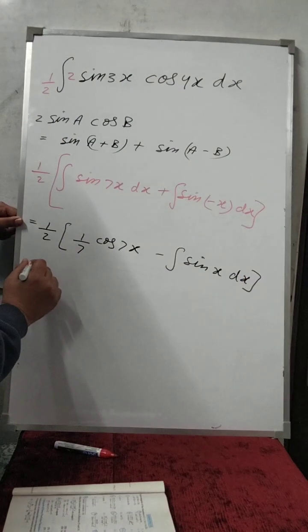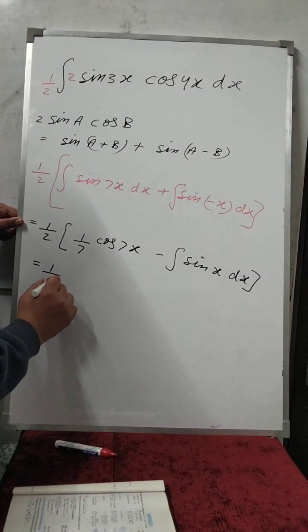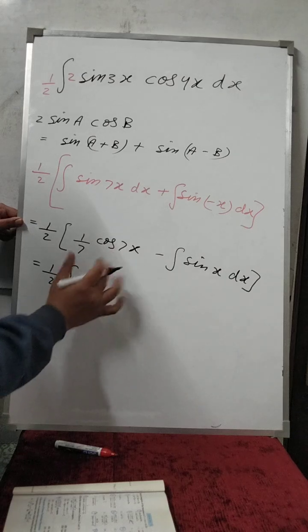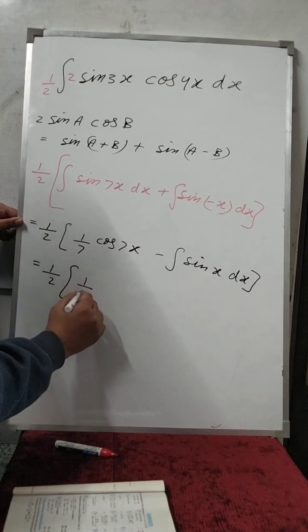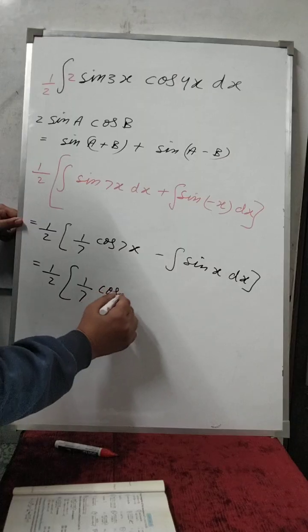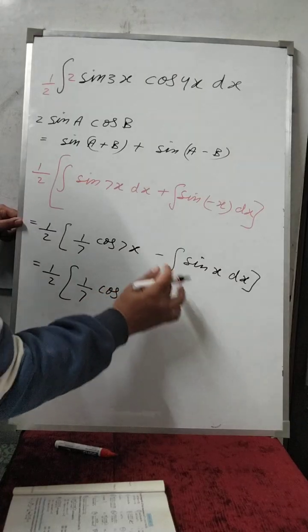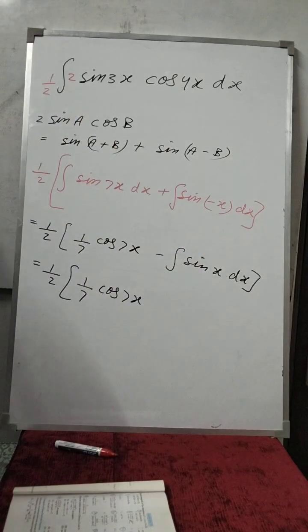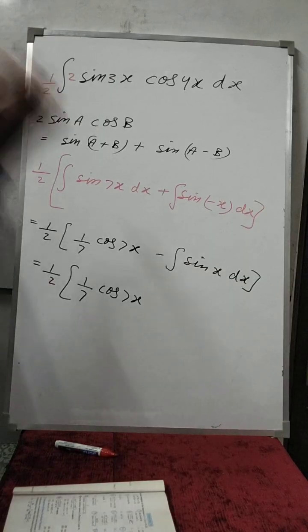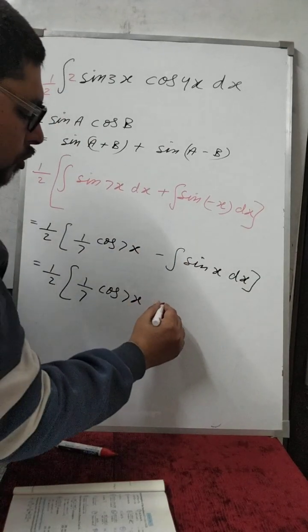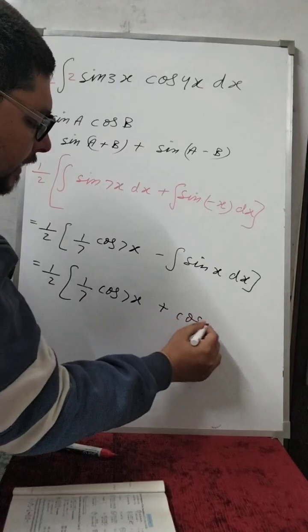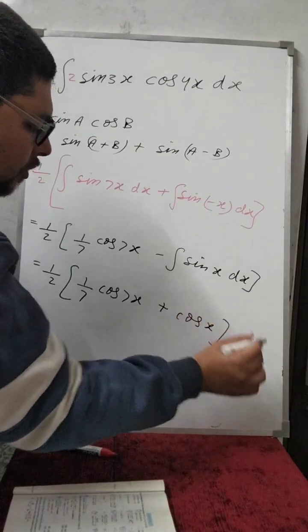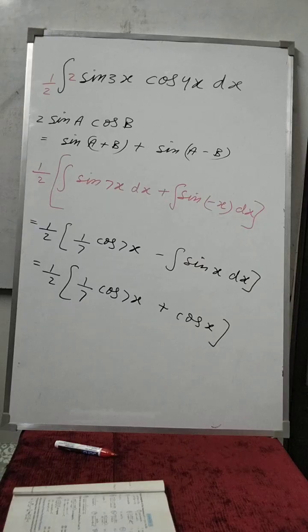Integration of sin is minus cos, so minus minus will become plus. So plus cos x plus constant of integration in indefinite integration. So this is the final answer.